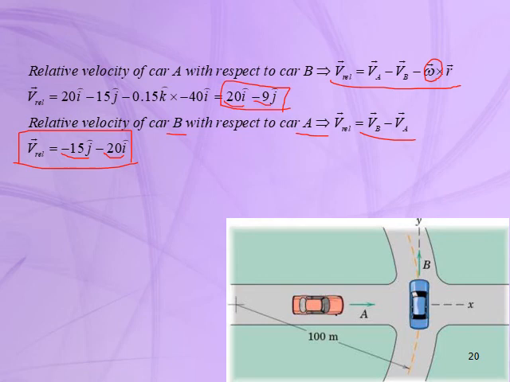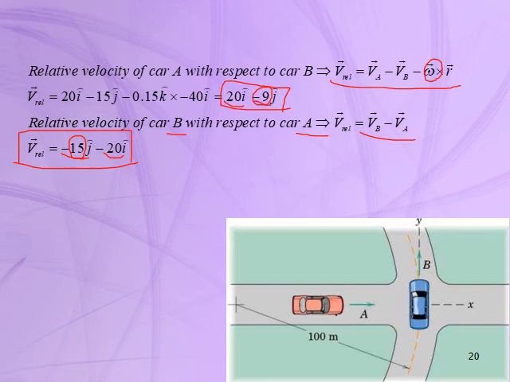When you are sitting in car A and looking at car B, you can see that car B is moving in the downward direction with the velocity of 15 meters per second. But when you are sitting in car B and looking at car A, you can see that car A is moving in the downward direction with a velocity of 9 meters per second.